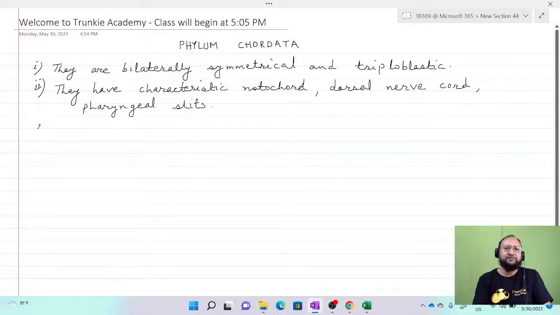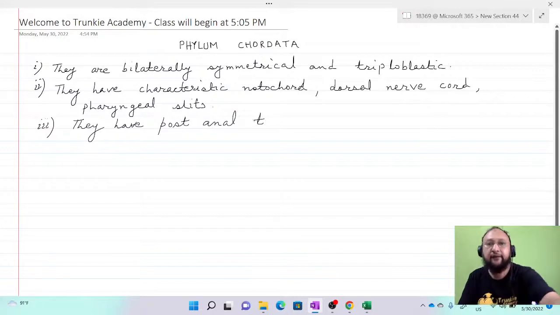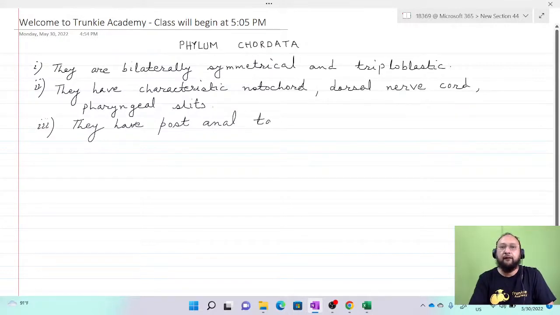Also they have a post-anal tail. That means they have a tail.